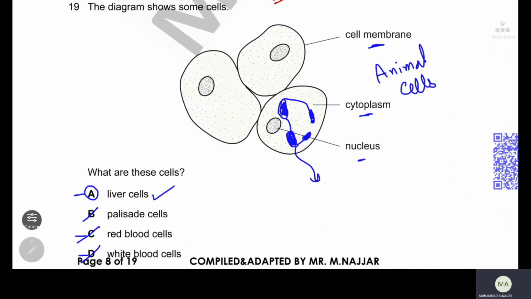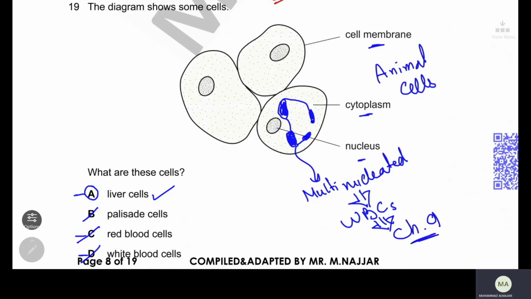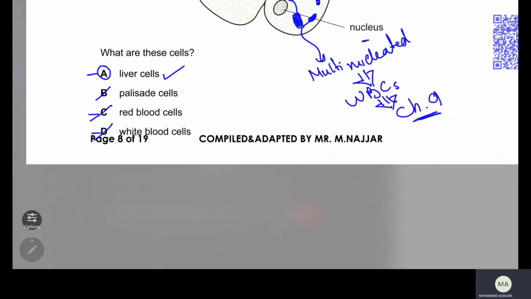The multinucleated structure characterises the white blood cells, which will be fully covered in chapter 9, transportation in animals. Let's continue with the next questions.